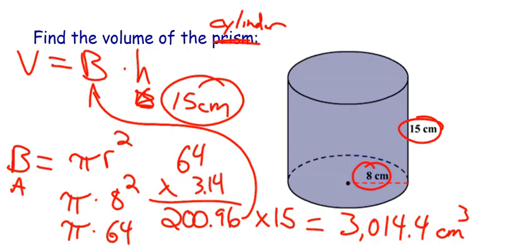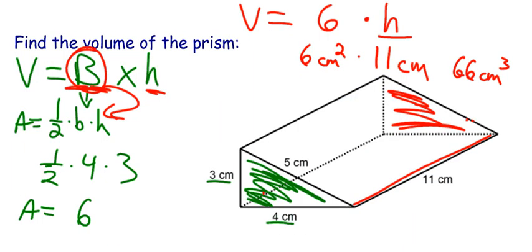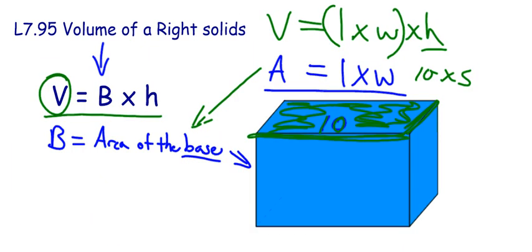And so we have that as an example. Right? So to solve these problems, what we need to do is we got to take our formula of volume equals base times height. Understand that the big B stands for area of the base, so the base of the prism. So we got to transfer it into the formula that fits, whether it's a circle, whether it's a triangle, whether it's a rectangle.